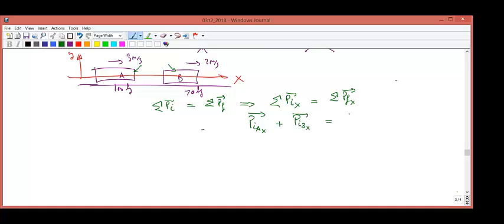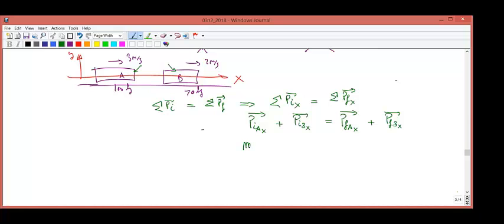And then we're going to duplicate this for the final, so I'm going to replace all my i with final. Before collision is the left-hand side, after collision is the right-hand side.